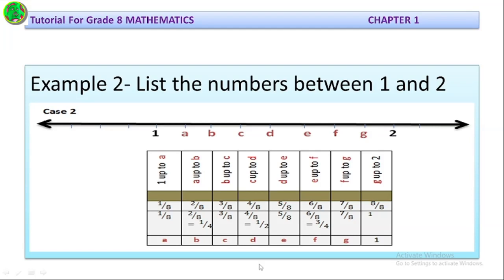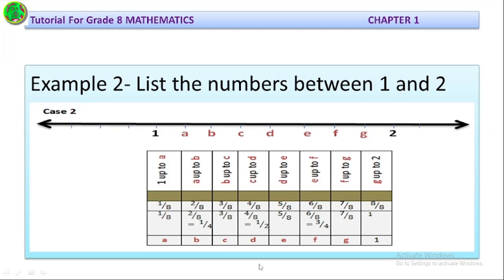So we can also increase the variables between 1 and 2. We can get the value of each and every variable depending on the part which is divided into equal parts. So this is the way to represent a number between two given consecutive rational numbers.